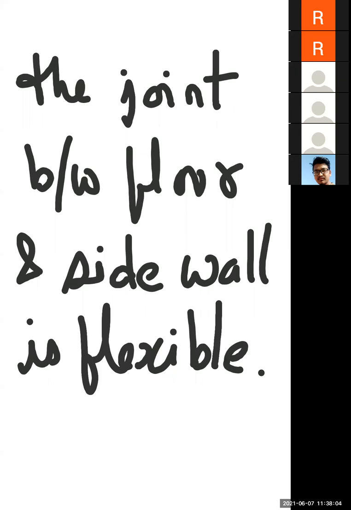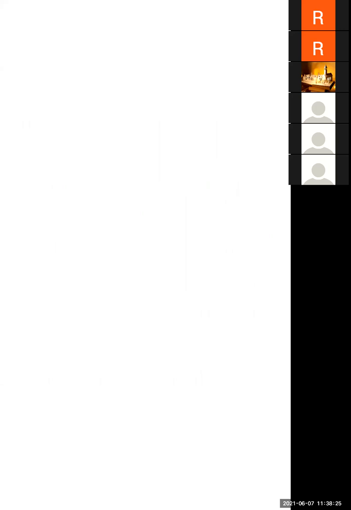Then for this case, which type of joint is used? Movement joint, ma'am. Okay. Sliding joint, a type of movement joint. Here we use the sliding joint.